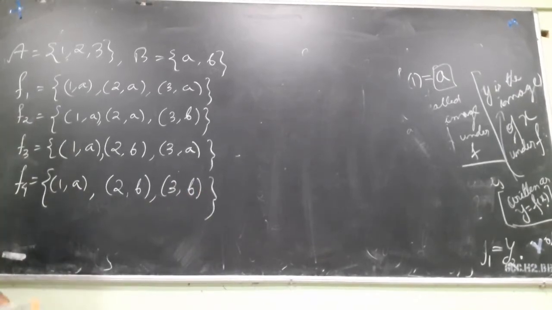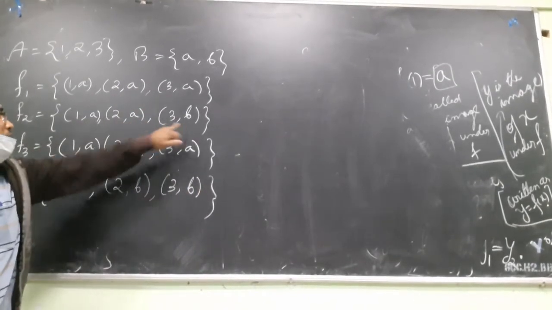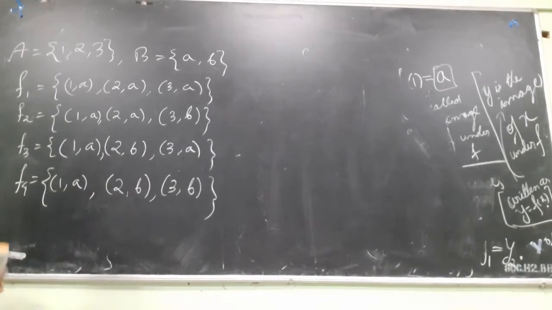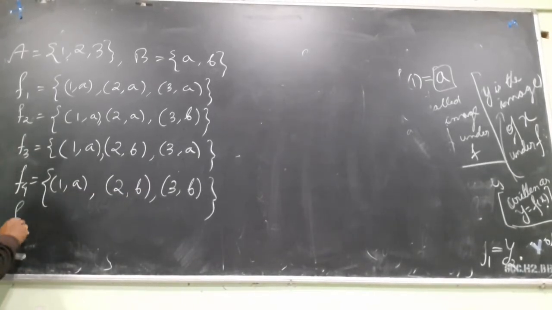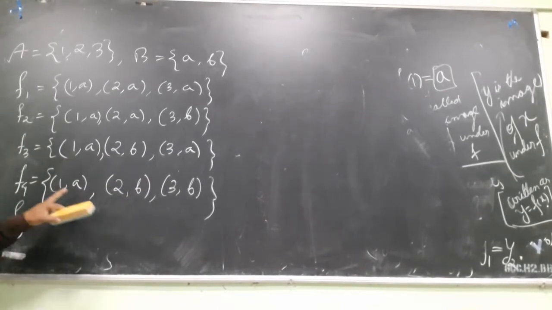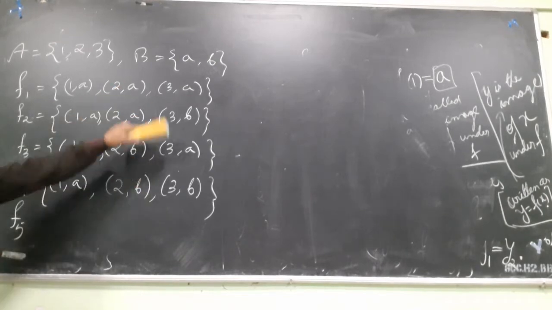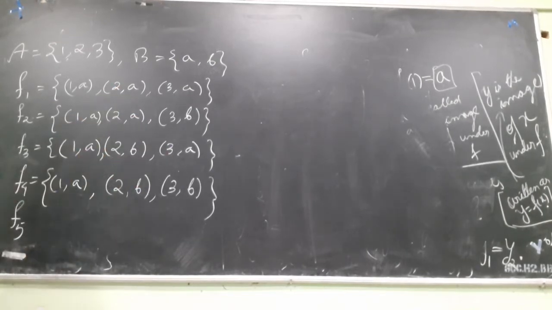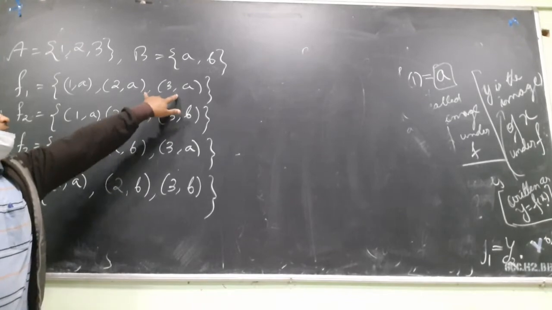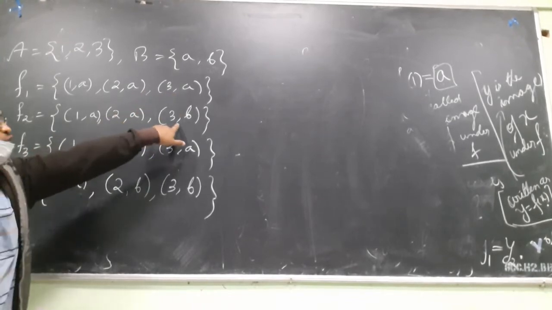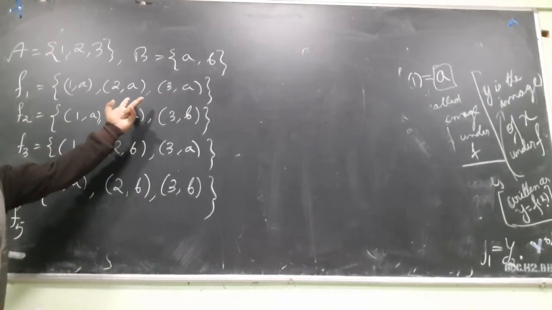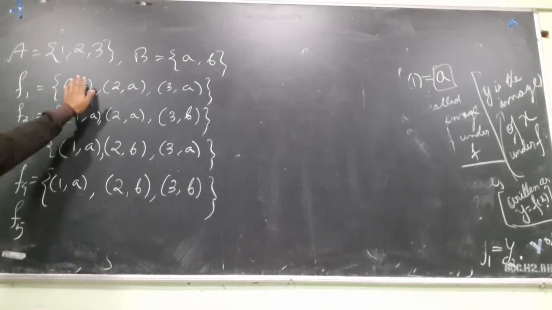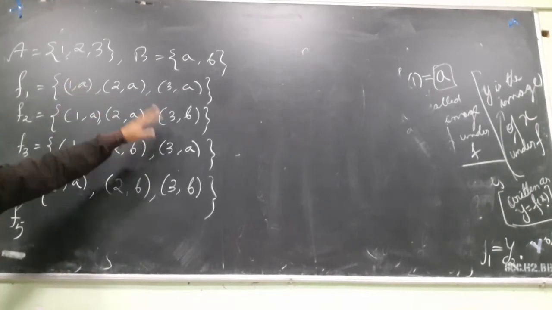So it's AA, AB, BA, BB. Next, keeping 1A fixed, I have listed everything. There are no other possibilities. 2 is related to A, 3 is related to B. Okay. With 1A in the fixed position, there are only these possibilities.